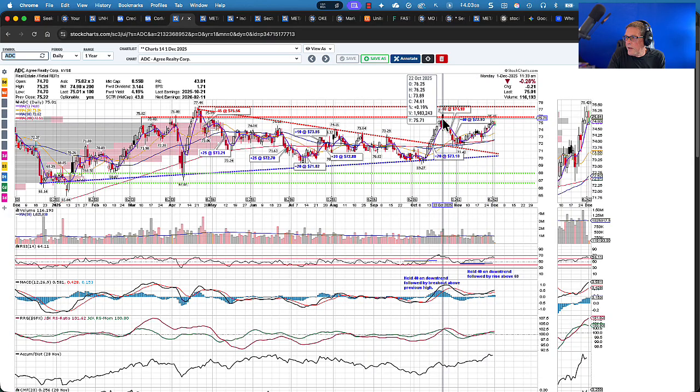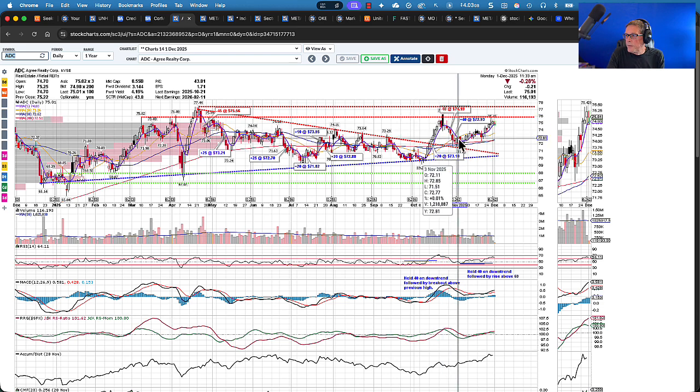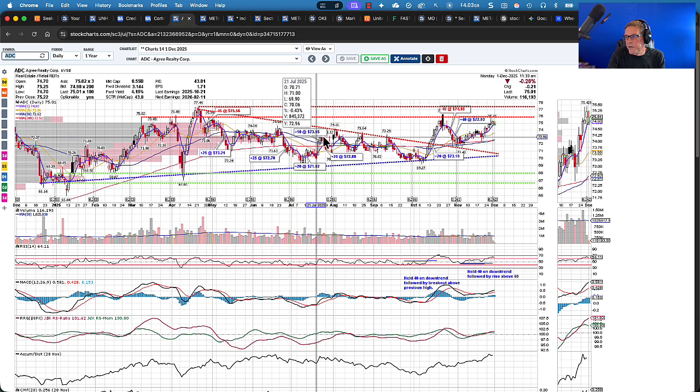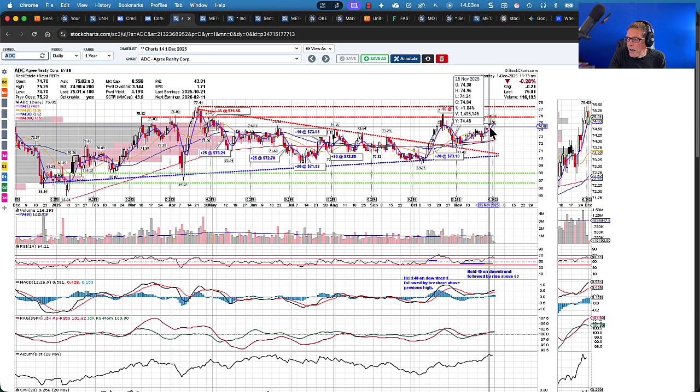When it reached that resistance line previously, it did pull back. There's also a downtrend line from this high on the 22nd of April connecting these three highs. ADC did break out above that level, come down and partially tested it, and then has been moving back higher.